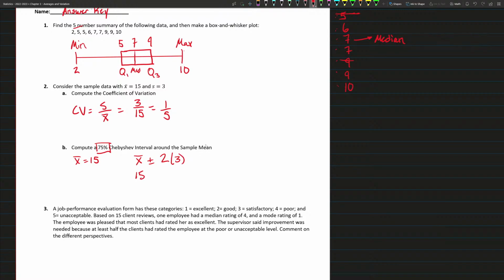So that's 15 plus or minus 6, which is 15 plus 6, which is 21, to 15 minus 6, which is 9. So this would be our interval. Within 21 and 9, that's where 75% of our data is going to be.